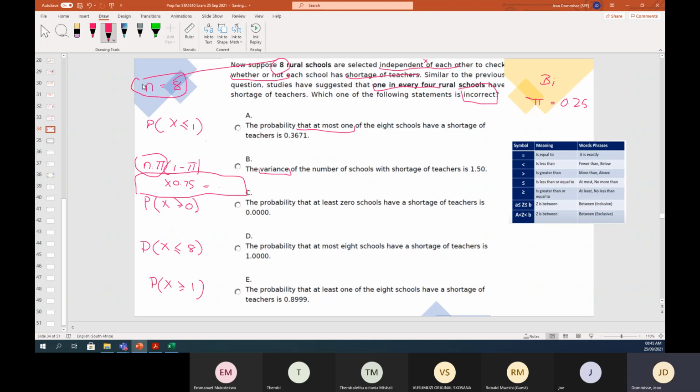Okay, that was very easy, that one could make the mistake. So it is actually n, which is 8, times 0.25 is 2, and 2 times 0.75 is 1.5.